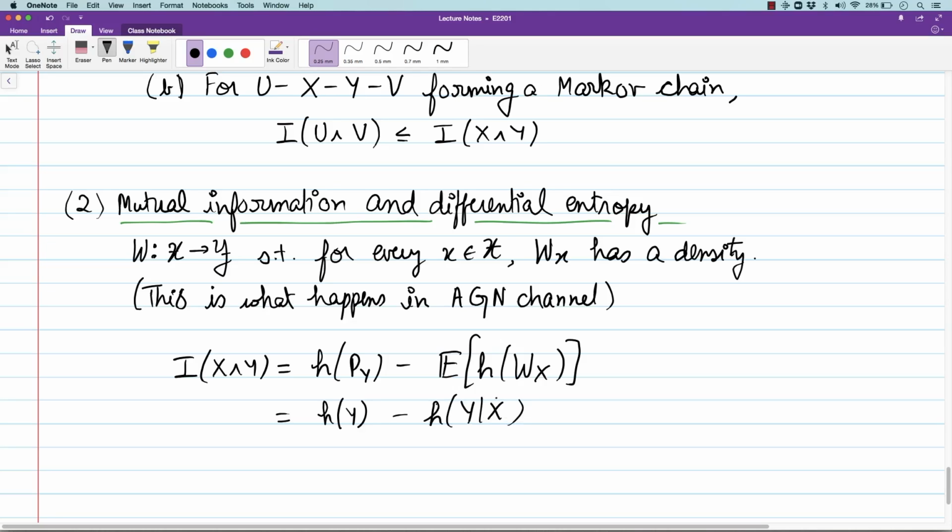So this conditional differential entropy is a slightly complicated object. It can be defined for this guy, but you cannot define the conditional entropy of X given Y because X is a discrete random variable. It doesn't have a density. Okay, that's why this is a bit of a complicated, delicate issue.